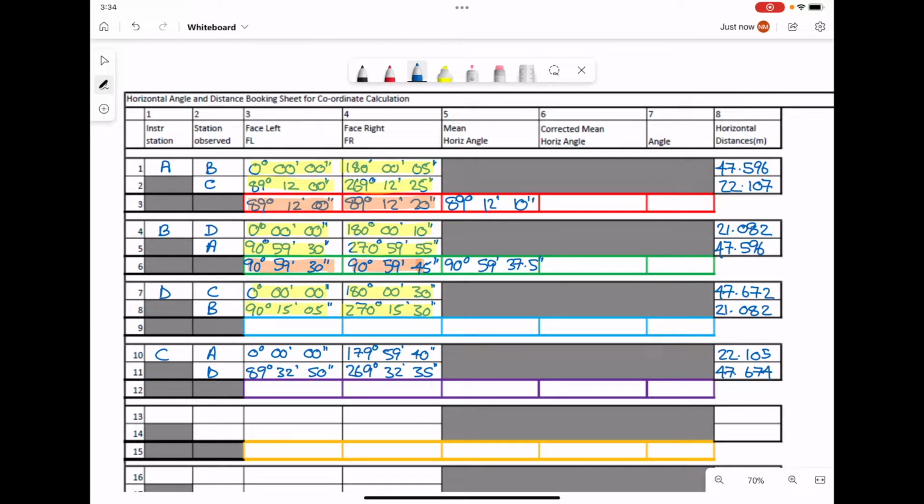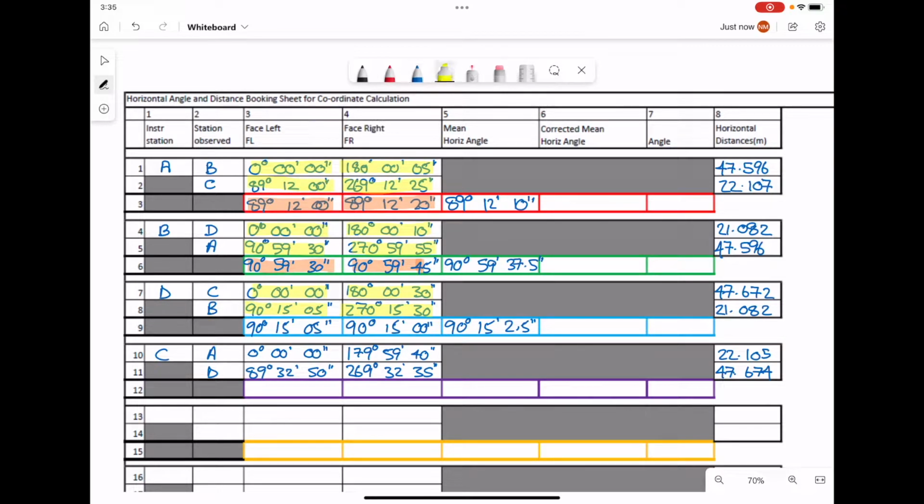Here we get 90 degrees, 15 minutes and 5 seconds, and 90 degrees, 15 minutes and 0 seconds. The average of these two angles gives you 90 degrees, 15 minutes, 2.5 seconds.